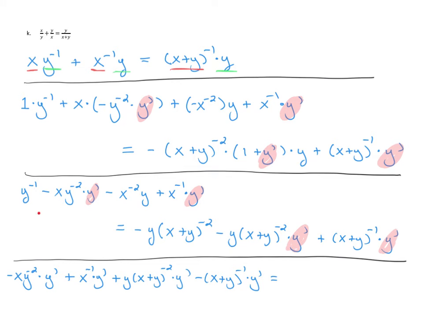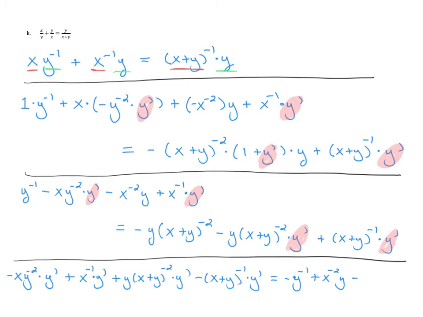The stuff that got moved to this side of the equation was, I have to subtract this, so I get negative y to the negative 1. I need to add this to both sides, so we get plus x to the negative 2 times y. And then this piece didn't go anywhere, so it stays on the right side of the equation.